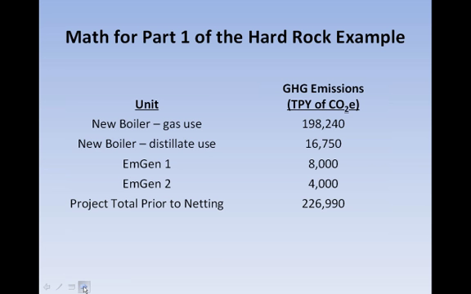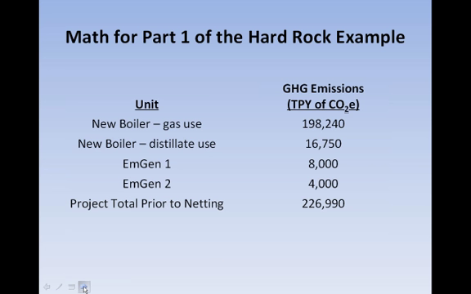Okay, for this, we do not know enough to determine whether PSD is triggered. The project on its own has an increase which is above the threshold of 75,000 tons per year, which would be the threshold for a modification in step 2 of the tailoring rule.